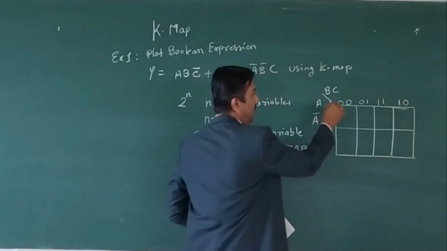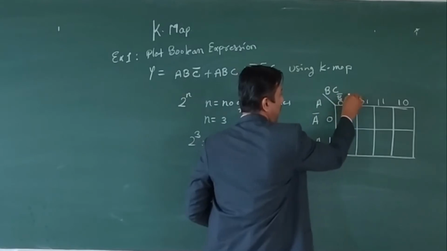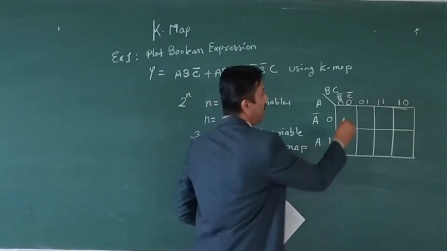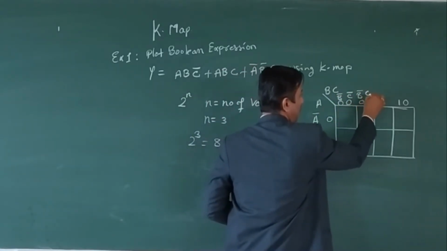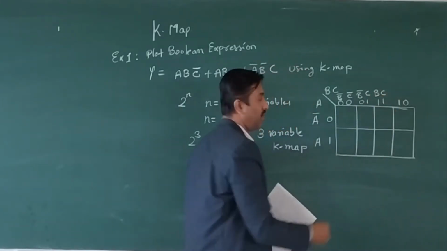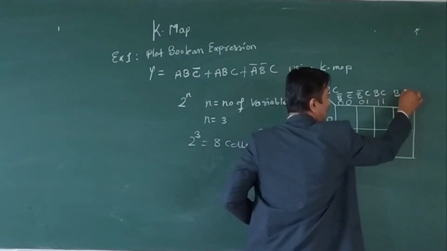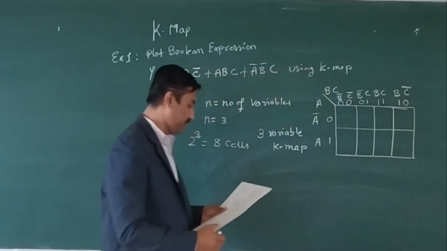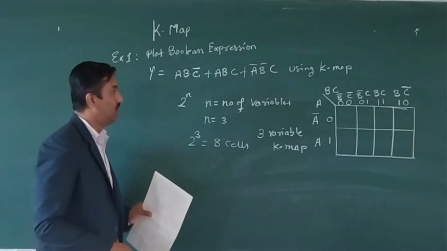We represent it as B bar C bar, B bar C, BC and BC bar.